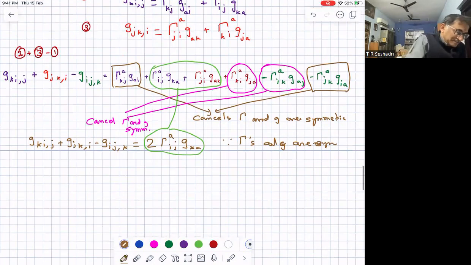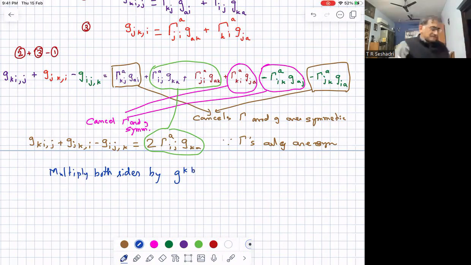Now what you do is, you multiply both sides by g^{kb}, upper contravariant.